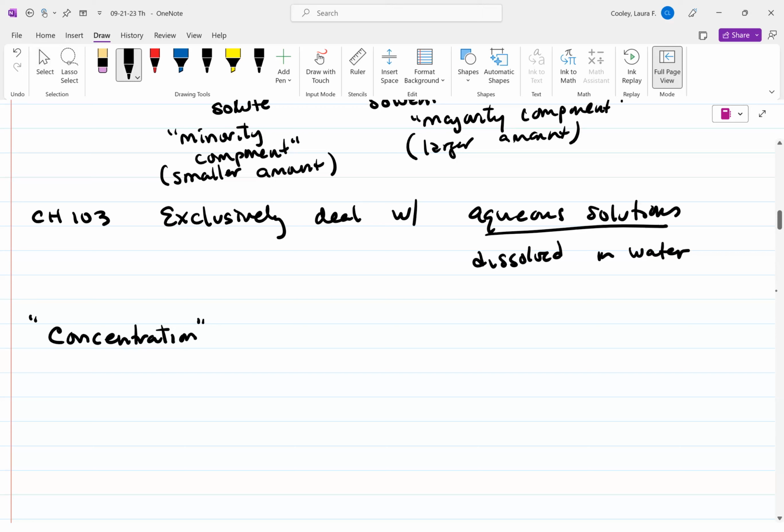Okay, so concentration. When a solute dissolves, a chemist will need to know how much is dissolved. It needs to quantify the amount of solute that's dissolved.